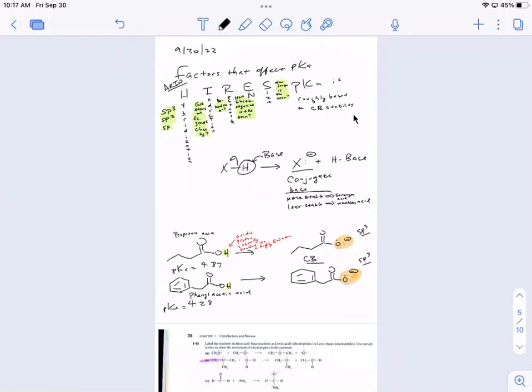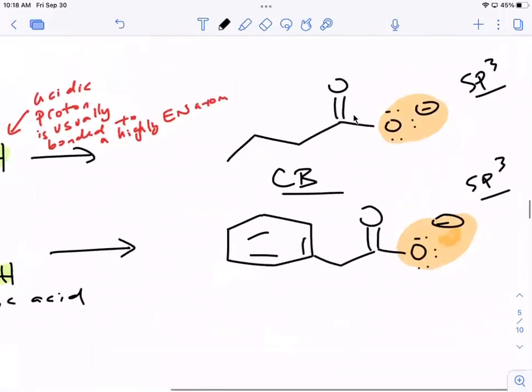So both sp3, can either of these do resonance? Both can. They both can do resonance. What type of pattern do we see here? Is it an allylic anion, allylic cation?